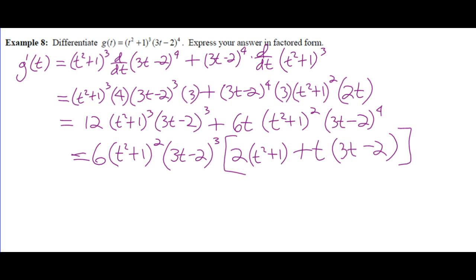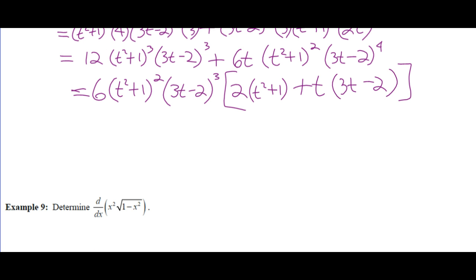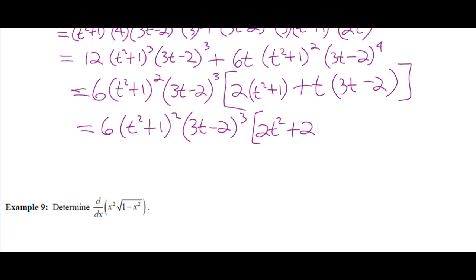Okay, so now we're just going to clean up the inside of the square brackets. Right? We're going to get an expression there. Okay, the rest of the stuff is just along for the ride at this point. Okay, what do we got? 2t squared plus 2 plus 3t squared minus 2t. So let's just expand and collect.